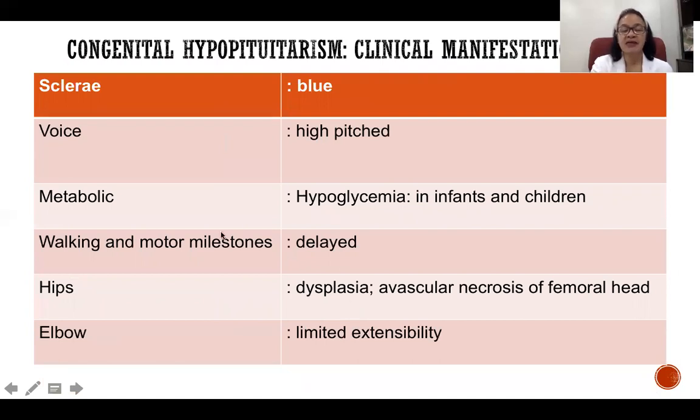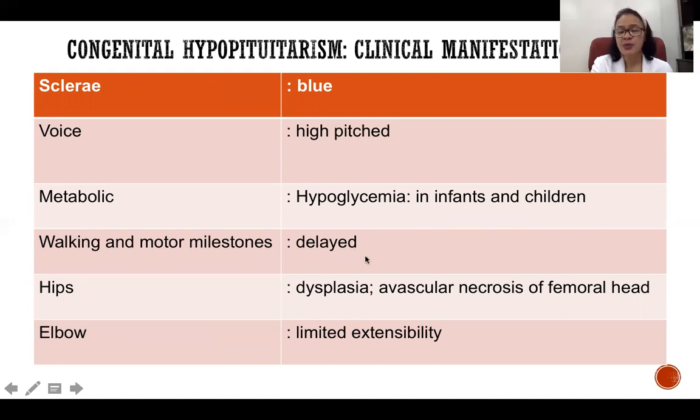And patients may manifest with blue sclerae and a high-pitched voice. For infants in the nursery, this could be one of the considerations that you have to think of when there is hypoglycemia in an infant, or even in children. So this can be a manifestation.